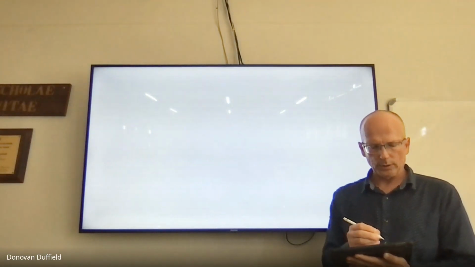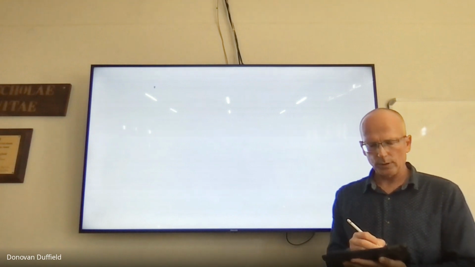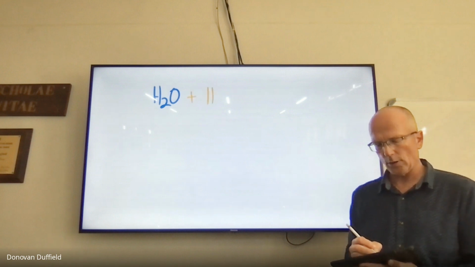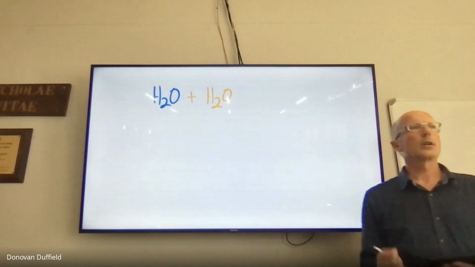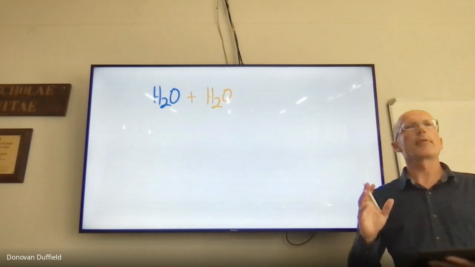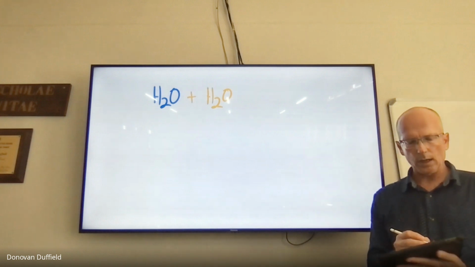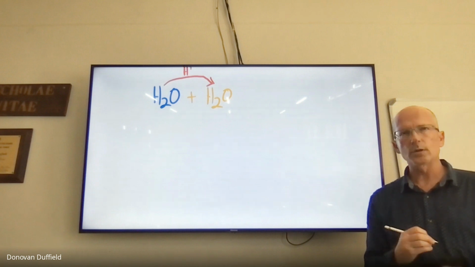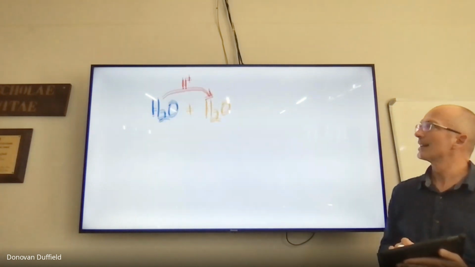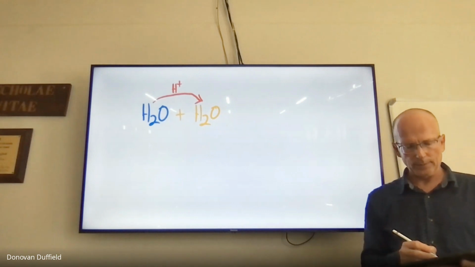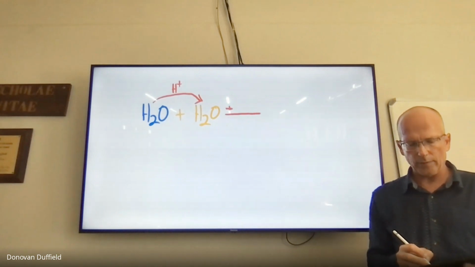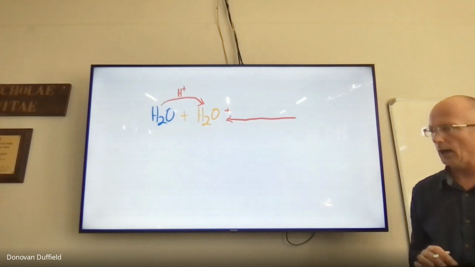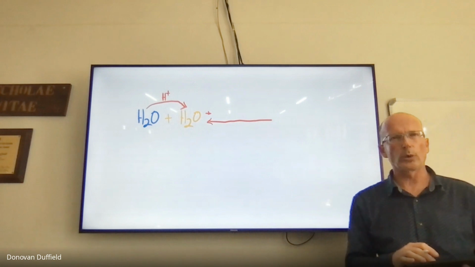If we have water, H2O, and we have another H2O molecule, in a very unusual random event, they will collide with enough energy that one of the water molecules will donate its hydrogen ion, but that doesn't happen often. So the ionization is beyond weak.